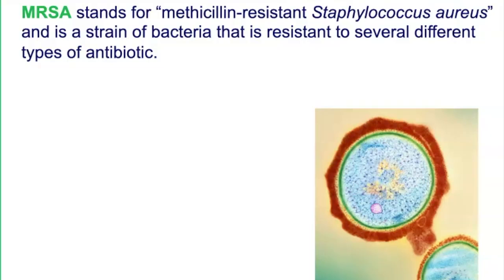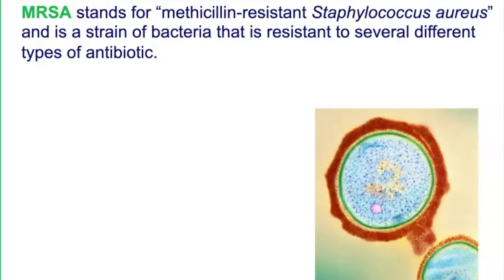This bacteria is resistant to most antibiotic drugs. Staphylococcus aureus is a gram-positive, spherical, meaning that it's coccus in shape, bacterium. Here its capsule, which is red in color, its cell wall, which is green, and its DNA, which is yellow, are seen.